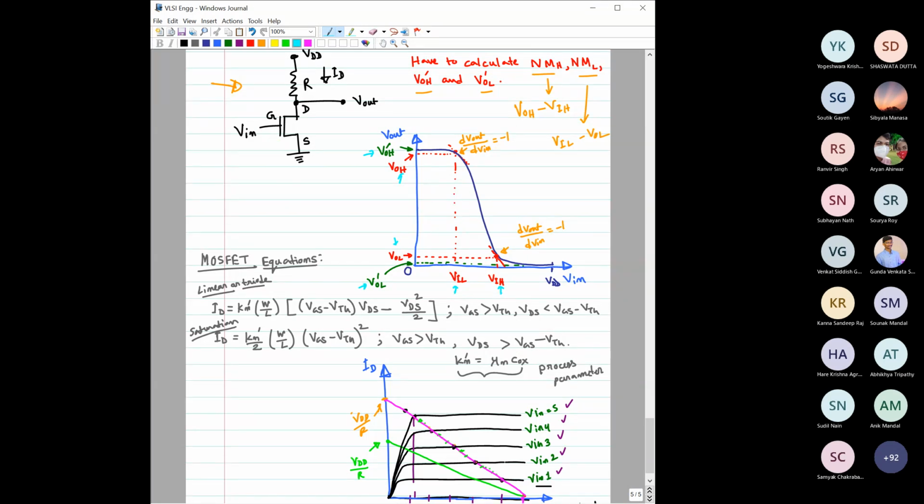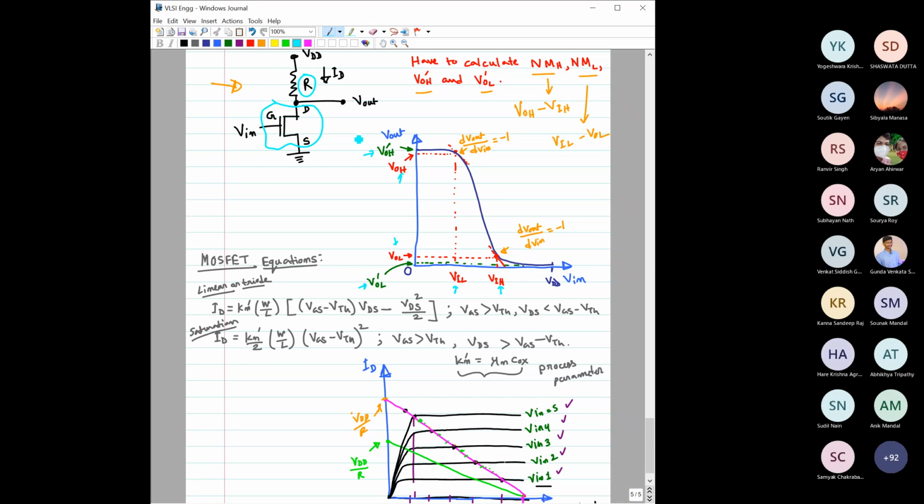The approach is that here we have one MOSFET, so obviously we should know the current-voltage equations of this particular MOSFET. And we have one resistance here, for which we already know I into R will be equal to V, that is Ohm's law. So let us apply these concepts and try to find these different points.